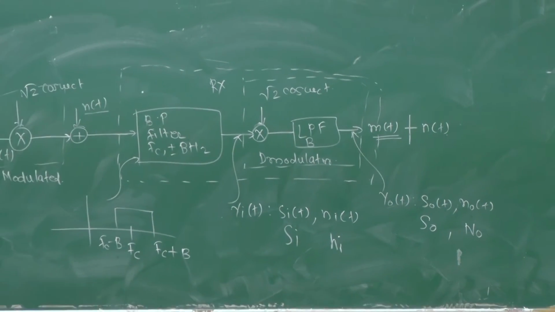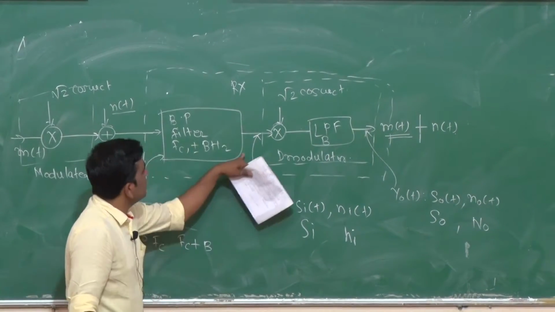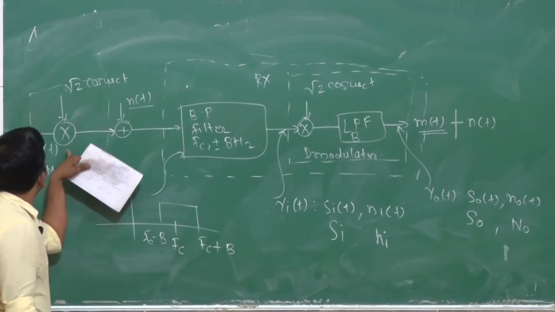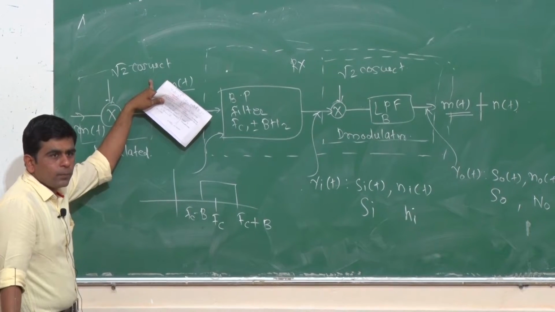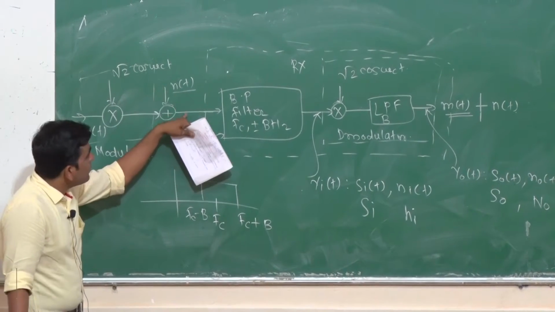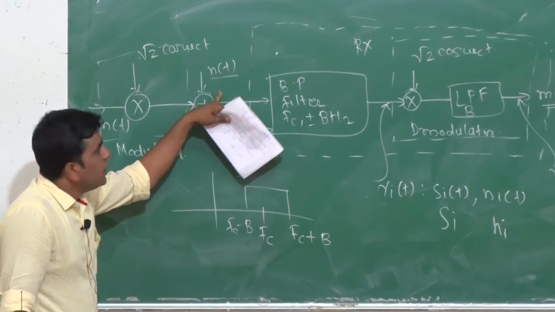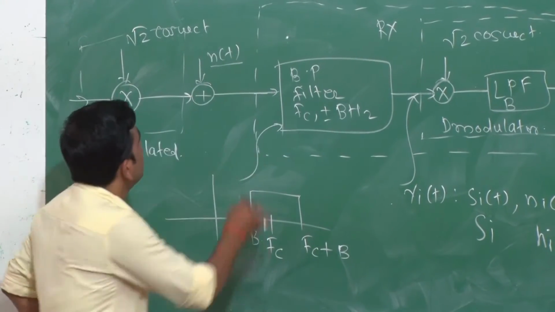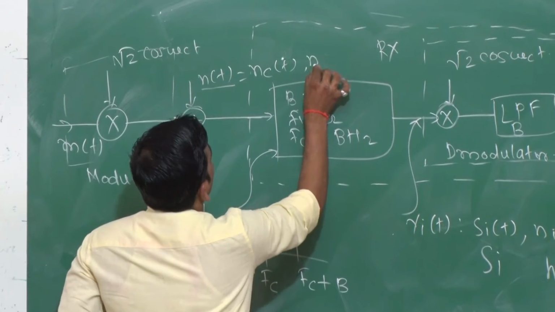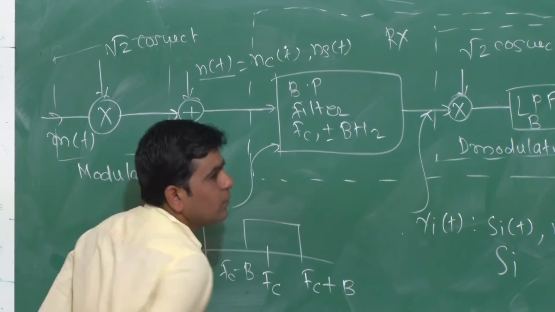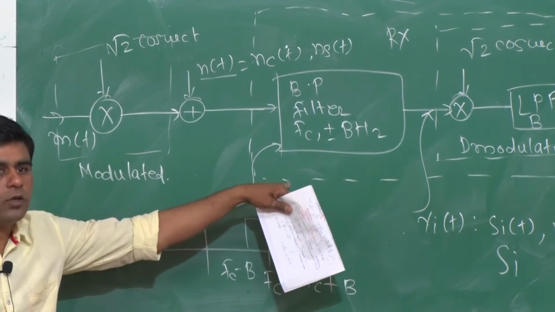So here y of t generally has the signal, that is m of t multiplied with root 2 cos omega ct, plus the in phase component n of t. This will be given as the in phase component and quadrature phase component, which get filtered out.